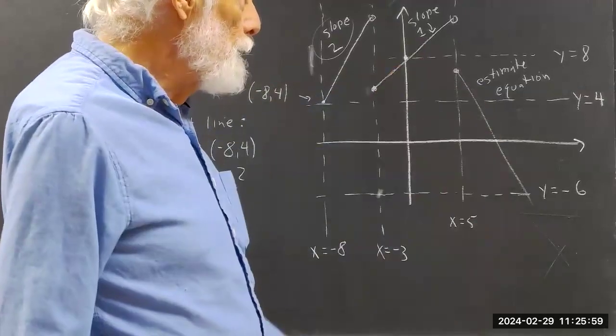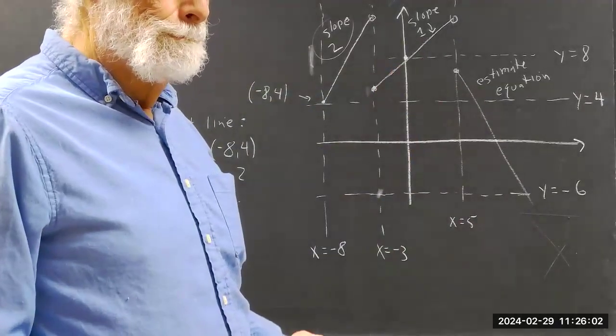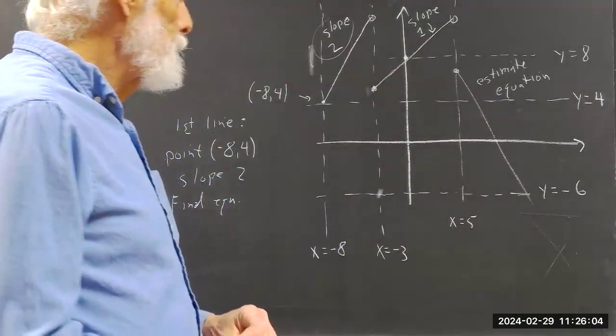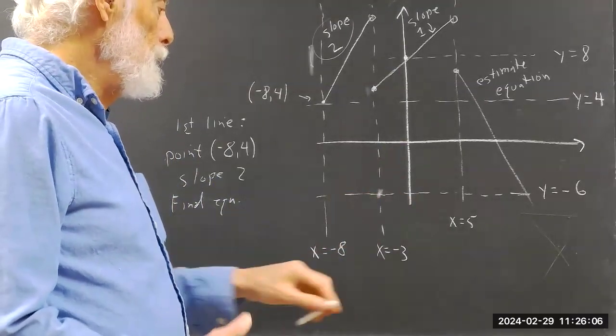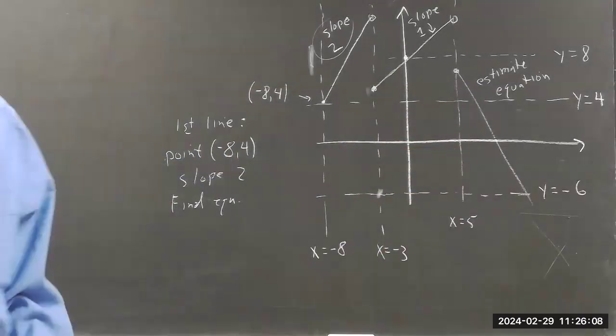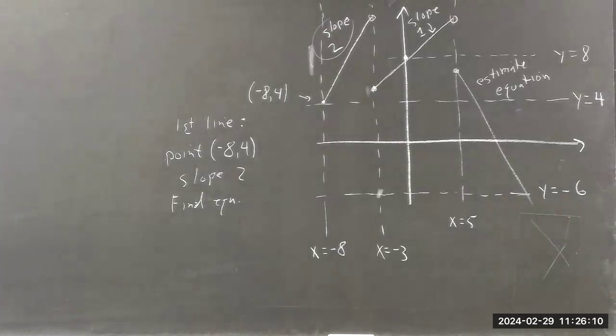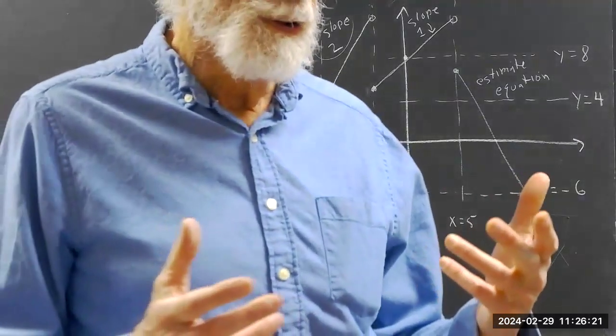Now, for this line, you're going to have to estimate some things. Estimate the information you might want to use in order to figure out the equation of the line. So first, identify the information you have and make sure you have enough information to determine the equation of the line.